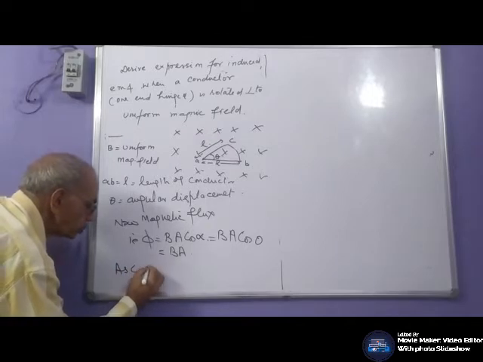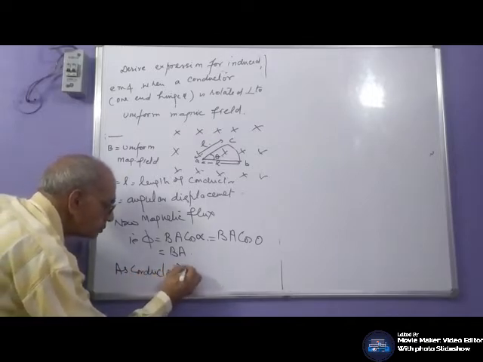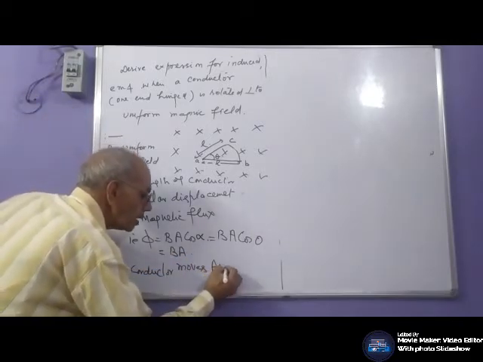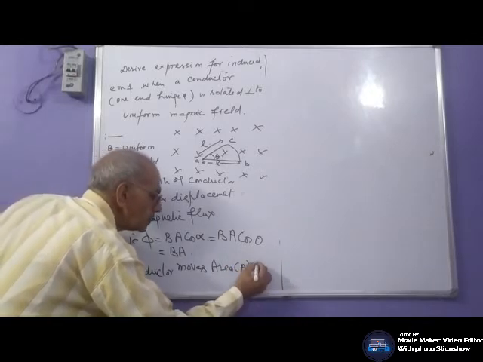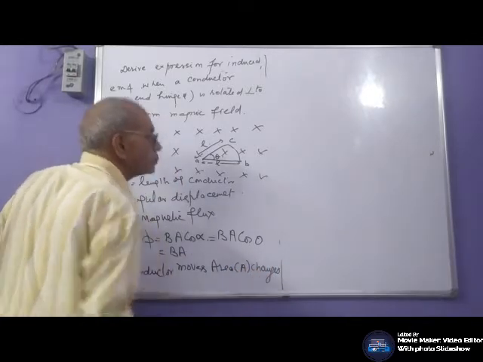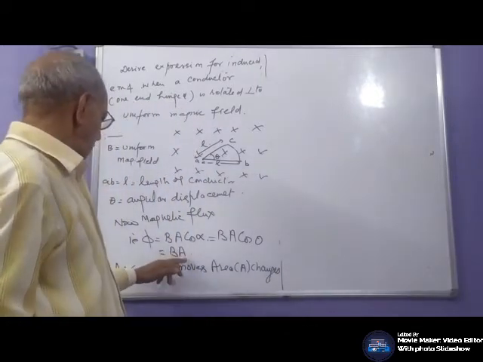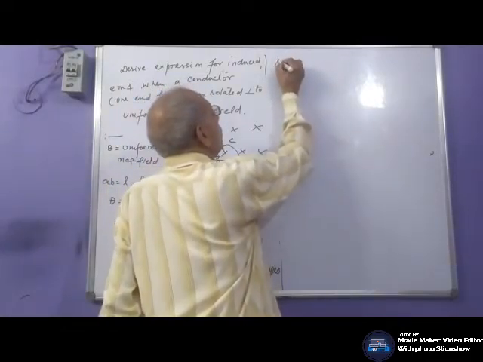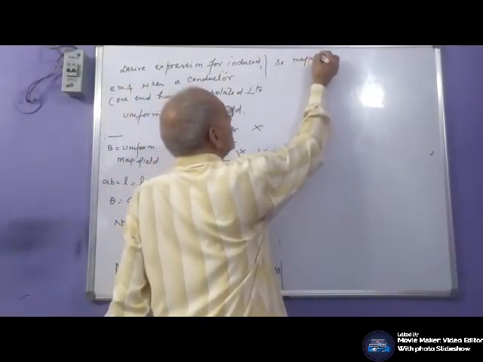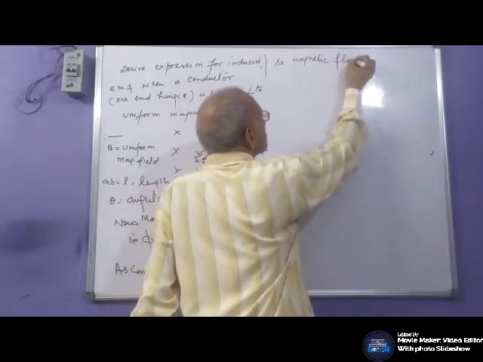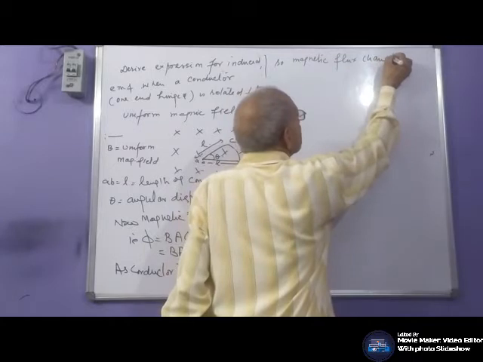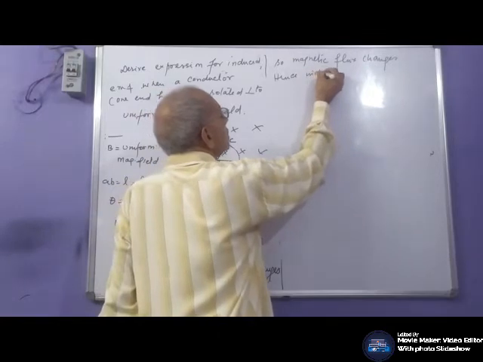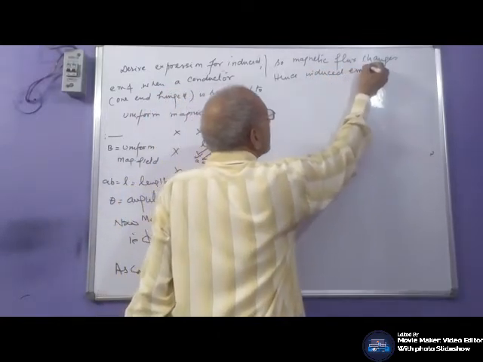As conductor moves, B is constant, area A changes. This has changed and B is constant, so phi will change. So magnetic flux changes, hence induced EMF.